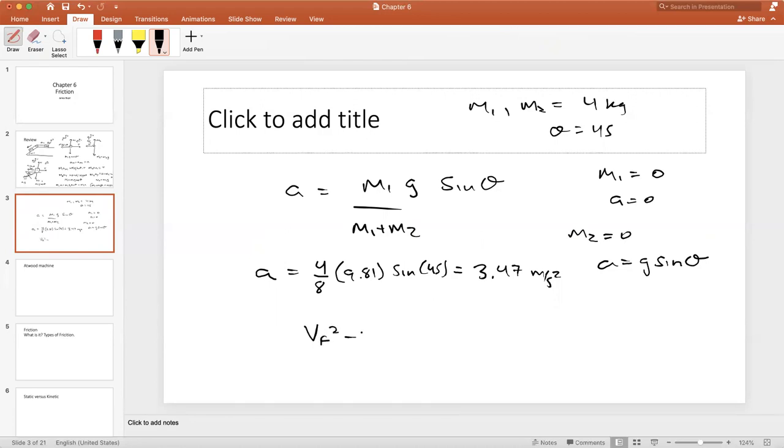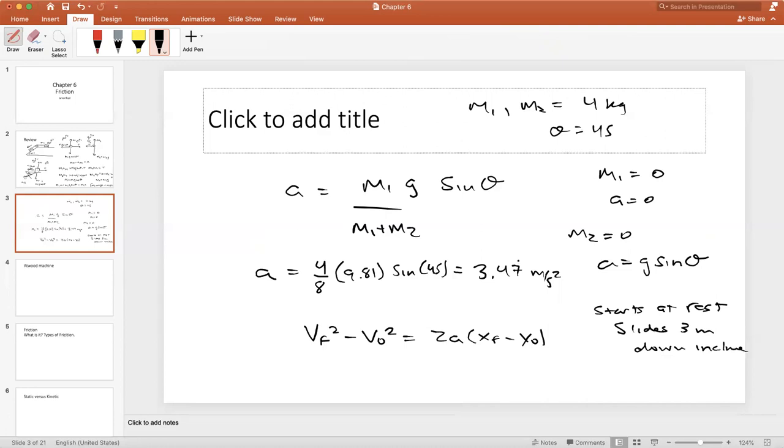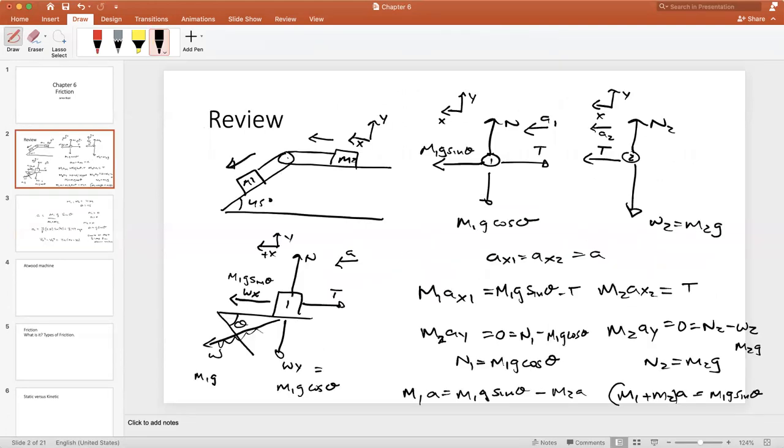We have v final squared minus v initial squared is 2A times x final minus x initial. I should also note that this A is the same for both of them, but it's A down the incline and A to the left.